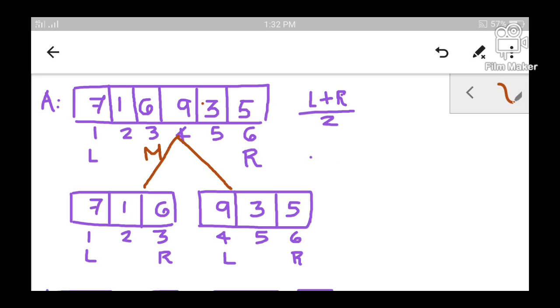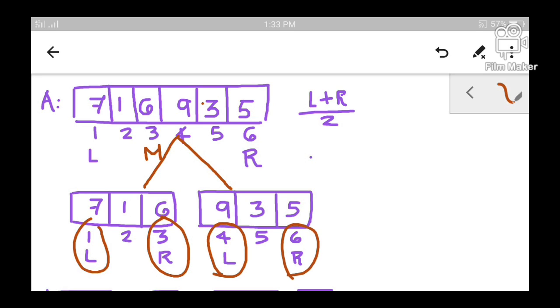Now as we got two new arrays, this is the left end of the left array, this is the right end of the left array, this is the left end of the right array, and this is the right end of the right array.